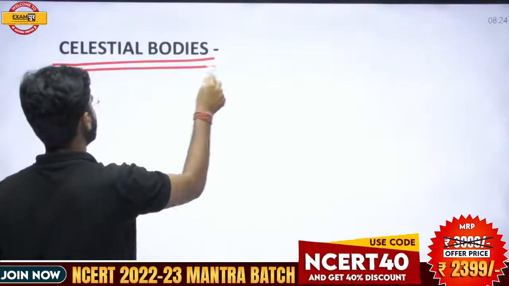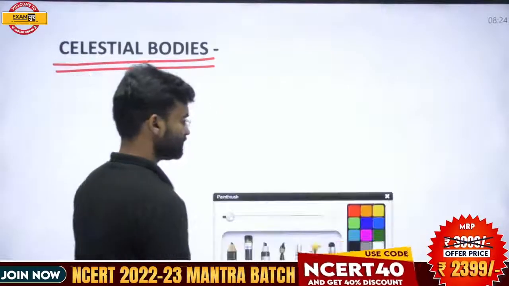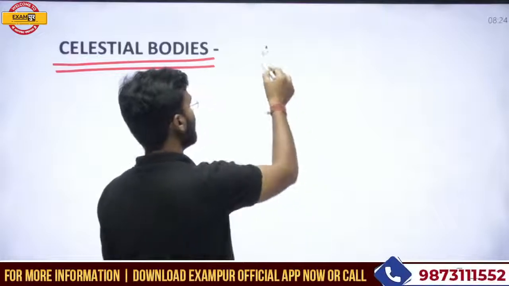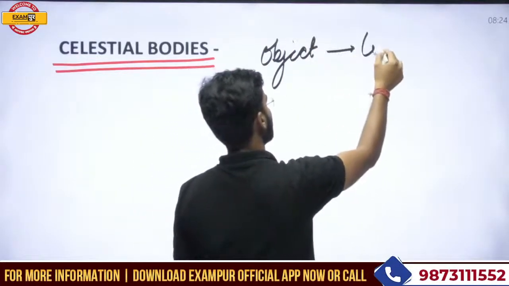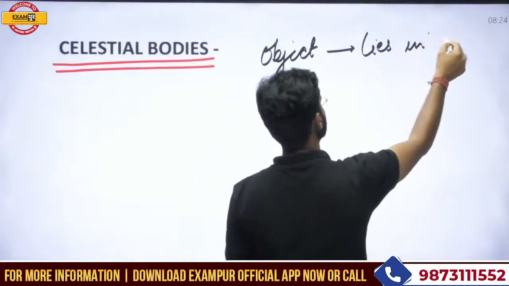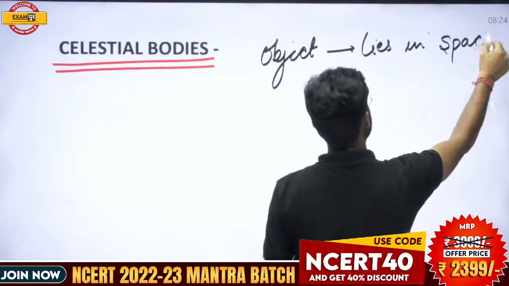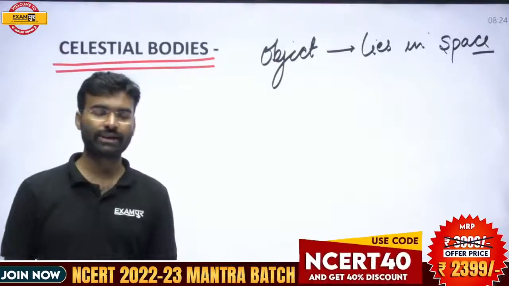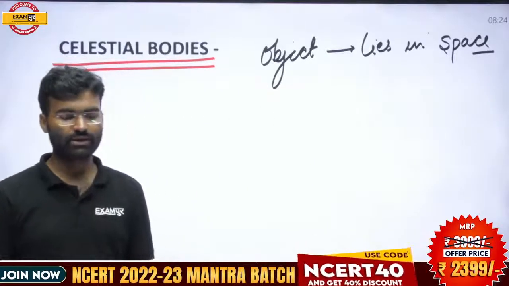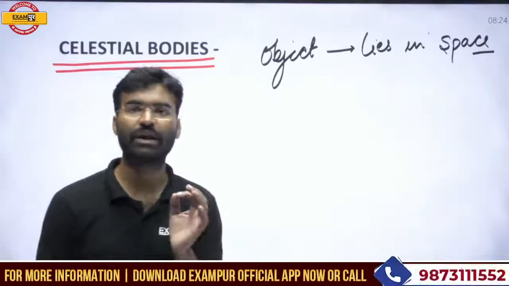Celestial bodies means the objects which lie in space. In simple words, celestial objects are the objects that lie in space.